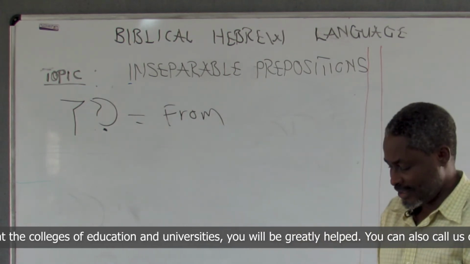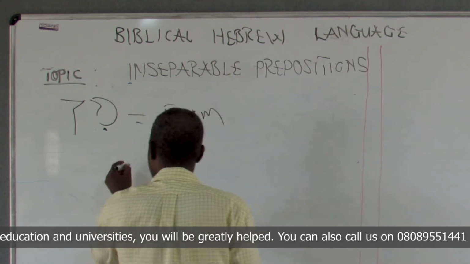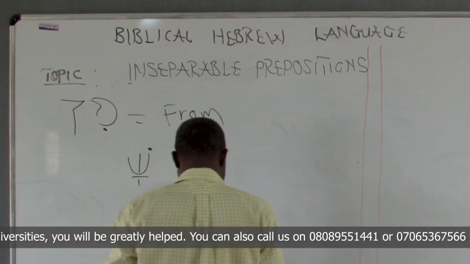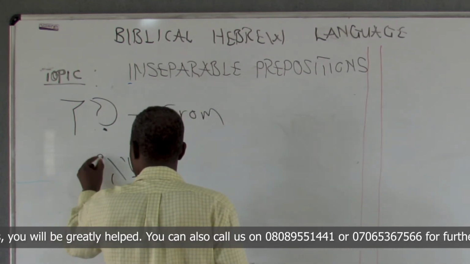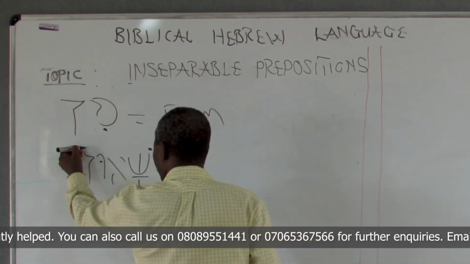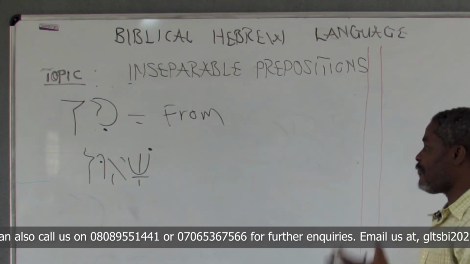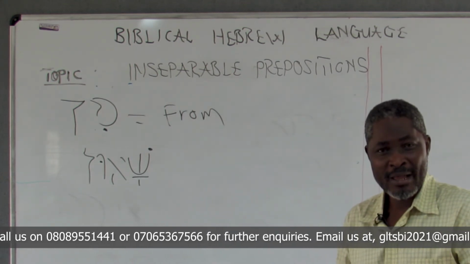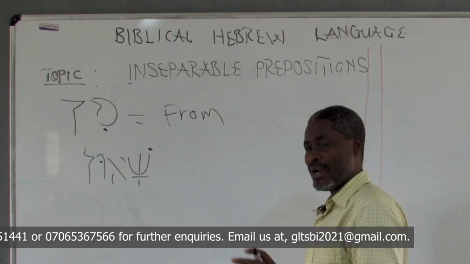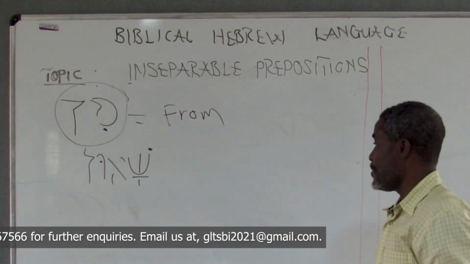Now, how do you use it? Before an ordinary letter, for example, you have Shaul, which simply means Saul. So if you want to say from Saul, min.